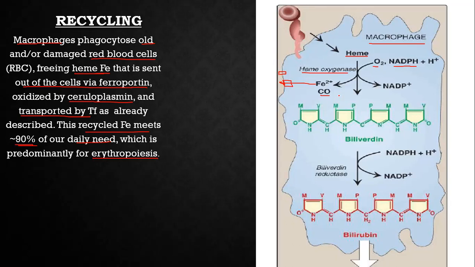It was cyclic, then here it is opened up to form the linear molecule biliverdin. Then biliverdin is reduced to bilirubin by the biliverdin reductase. Bilirubin is transported out of the macrophage into the blood, bound to albumin. It will go to the liver, where it will be conjugated with glucuronic acid and excreted via bile.